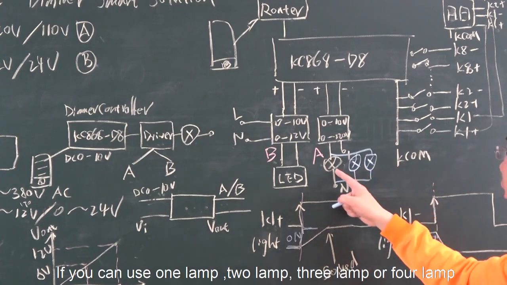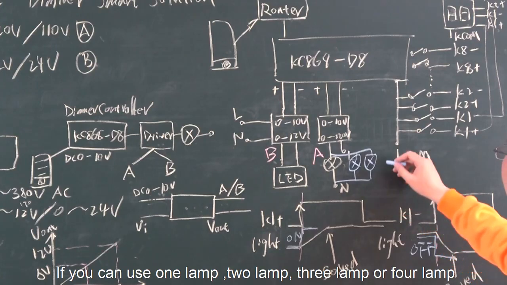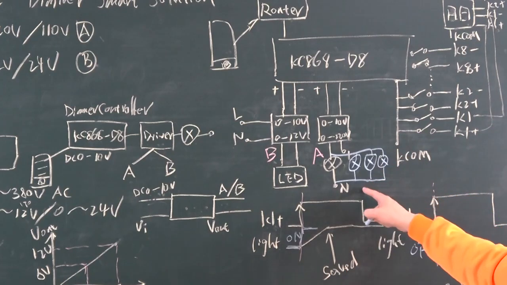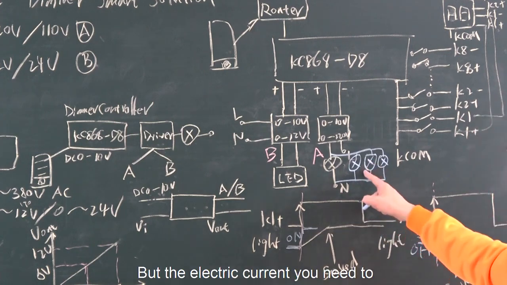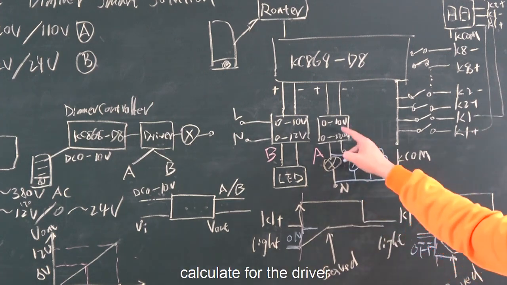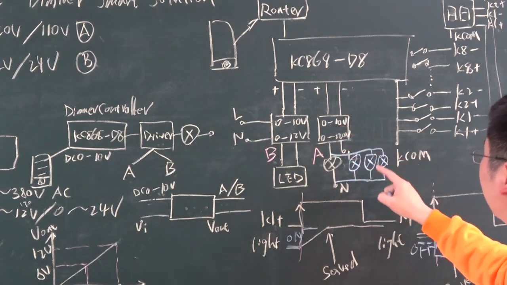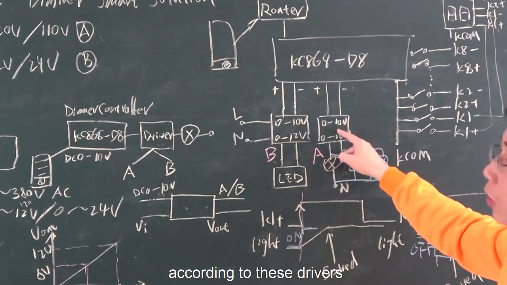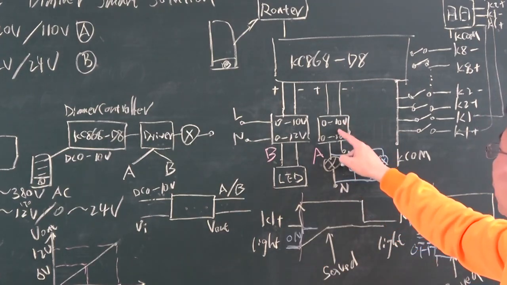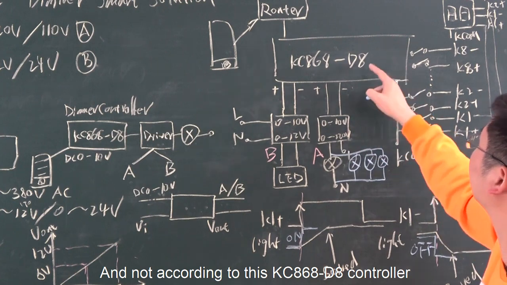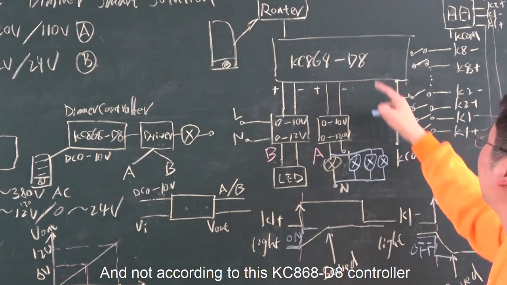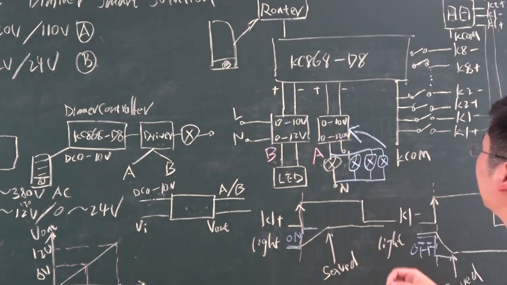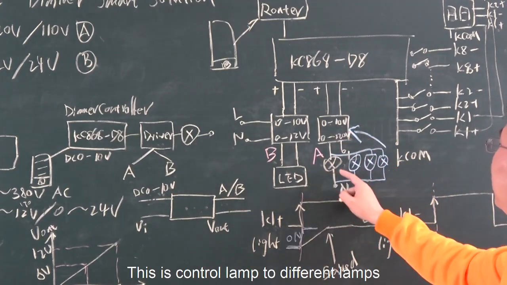You can use 1 lamp, 2 lamps, 3 lamps, or 4 lamps, just connect them together. But you need to calculate the current for the driver. How many lamps can be connected together depends on the driver's power supply and current, not on the D8 controller. It's up to the driver. So this is controlling 2 different lamps.